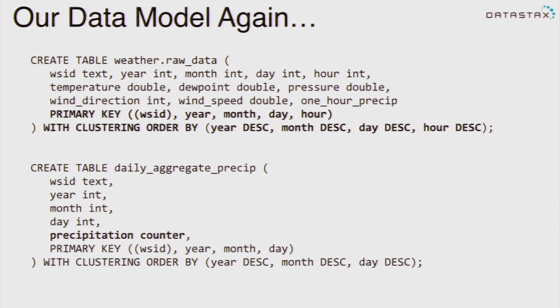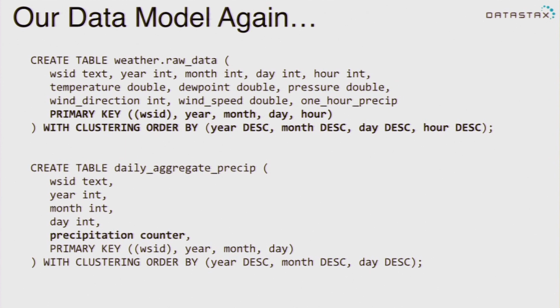So I showed you this first part of the create table earlier, but now in this daily aggregate precipitation, I've got my raw data we're saving off to Cassandra from the Kafka stream. And then what I want to do before the next function call in Spark is set up my data model. You can see where I made it bold: precipitation counter. There are some stepping-around situations in this kind of work where, to do the calculations from the stream against historic data, you need specific parameters.